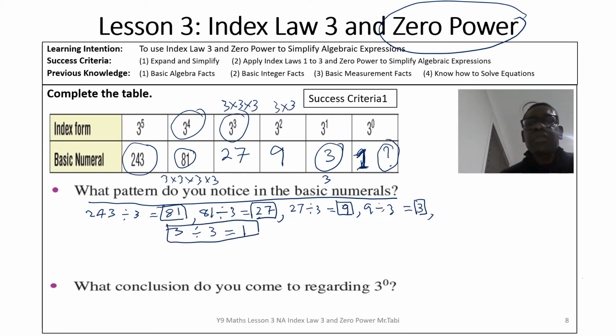Because you know from law 2, 3 divided by 3, that's 3 to the power of 1 over 3 to the power of 1, is equal to 3 to the power 1 minus 1. And that is equal to 3 to the power of 0, from law 2. So 3 to the power of 0 is 1, which is the same as 3 divided by 3 here.